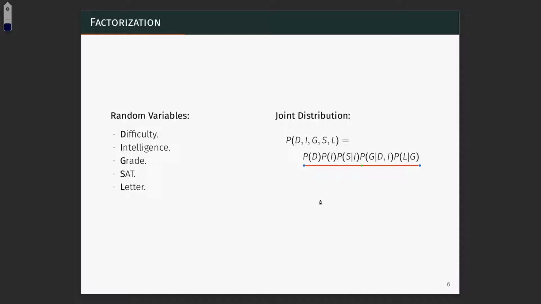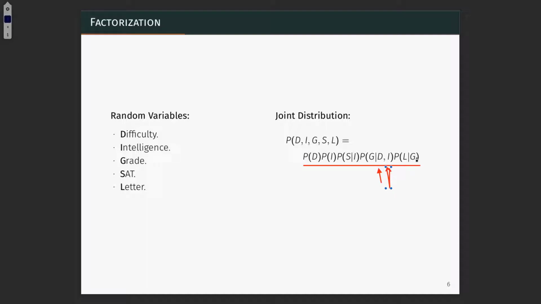So if we apply the chain rule, the joint probability distribution will be the multiplication of the two independent random variables and all of the dependencies that are in the graph. For example, grade was dependent on difficulty, which is here, and intelligence, which is here.